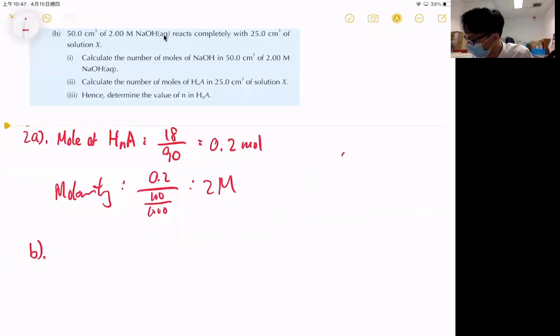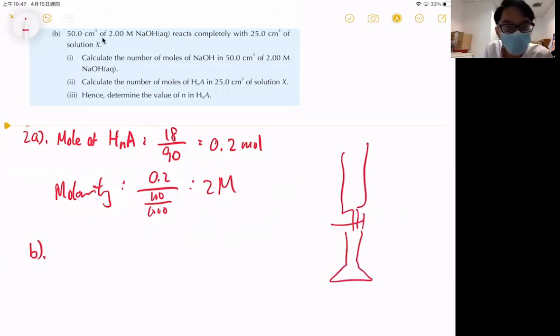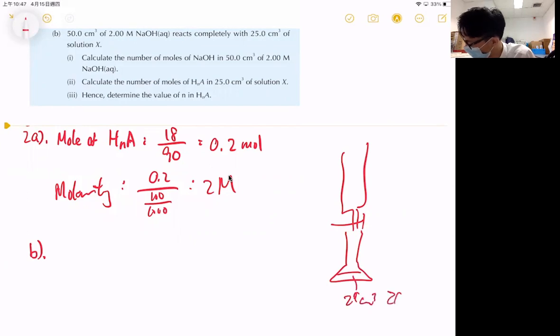So in your mind, 25 cm cube of solution X, that is the acid, we will place it in a conical flask. So here is the 25 cm cube of 2M HNA, this acid. And afterwards, in the burette, what we put inside will be the sodium hydroxide solution. That is 2M.